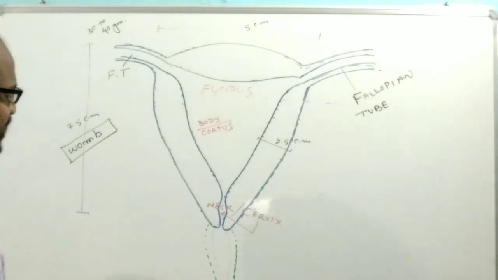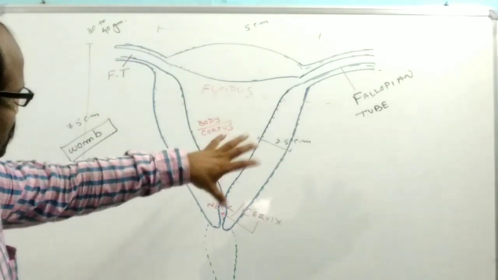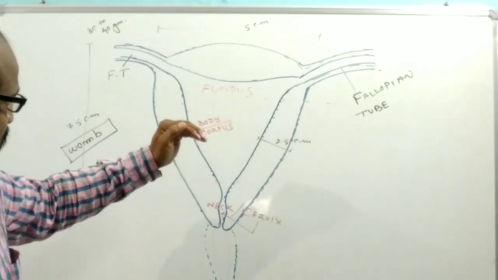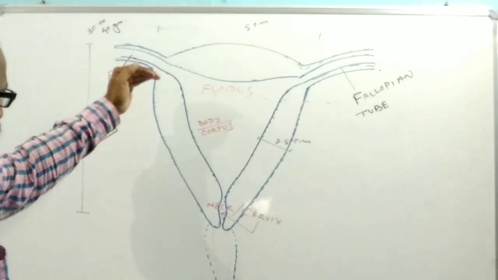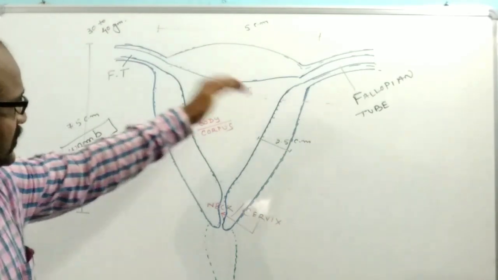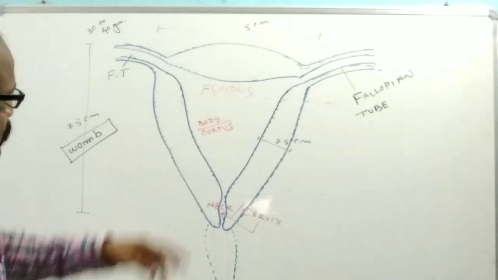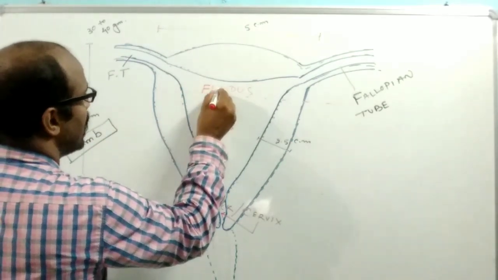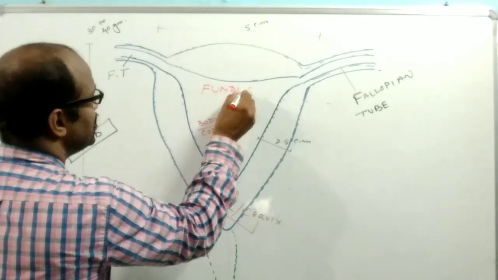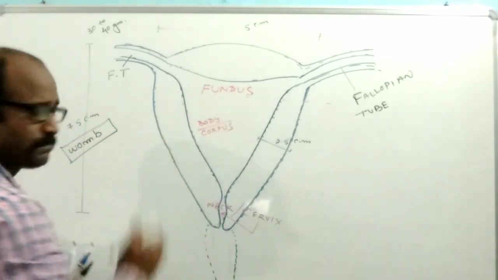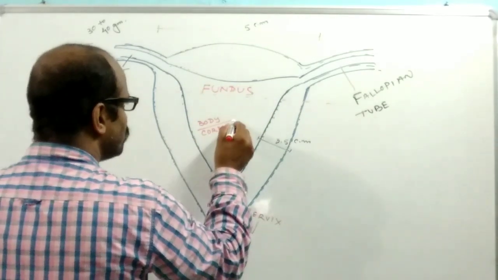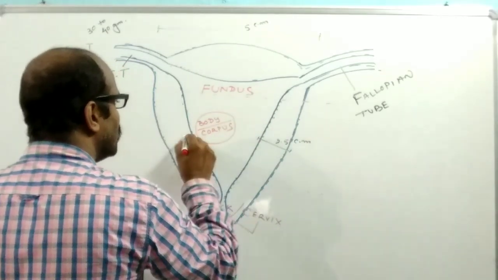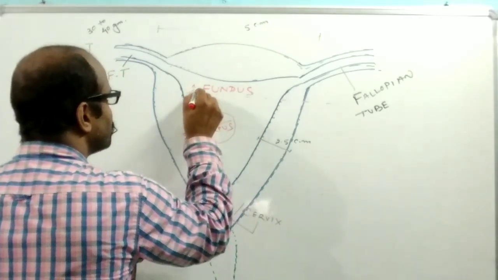So the triangular-shaped uterus is divided into three parts. The upper region, where the two angles receive the fallopian tubes, is the fundus. The middle portion, which is triangular in shape, is the body or corpus.